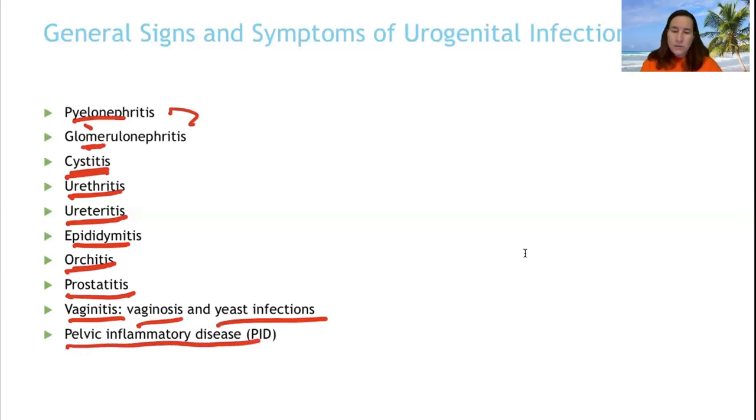PID, pelvic inflammatory disease, is going to include the uterus, the cervix, the fallopian tubes, and the ovaries. PID is serious, especially the most serious part of that whole body part are the fallopian tubes, because if it can inflame and damage the fallopian tubes, it might cause scar tissue, and that scar tissue may possibly render that person sterile. They may not even know what's going on and that they have this issue.